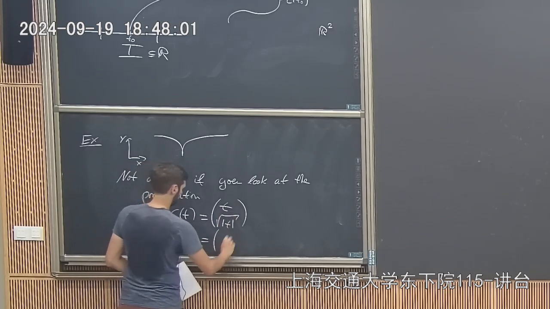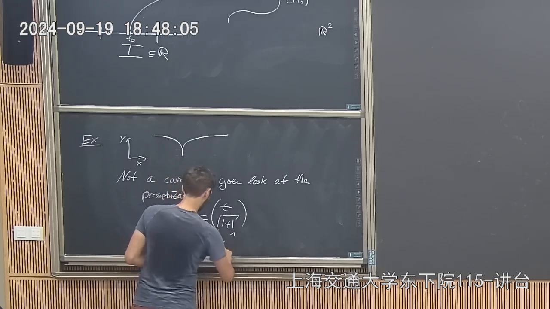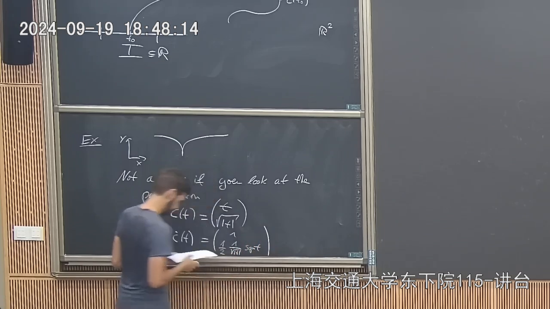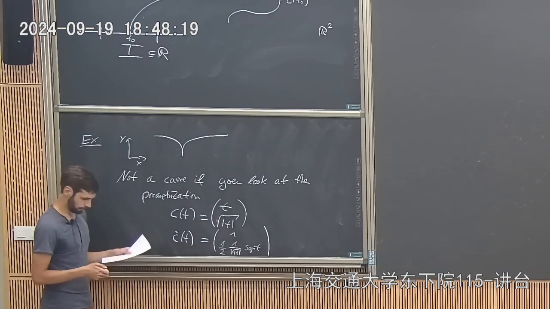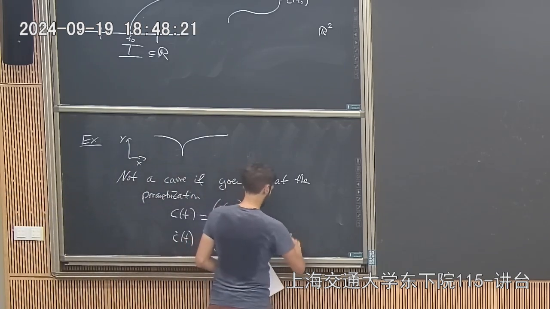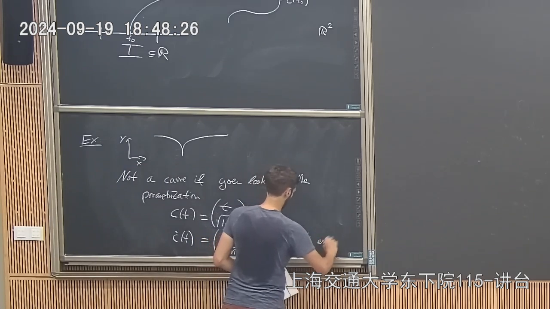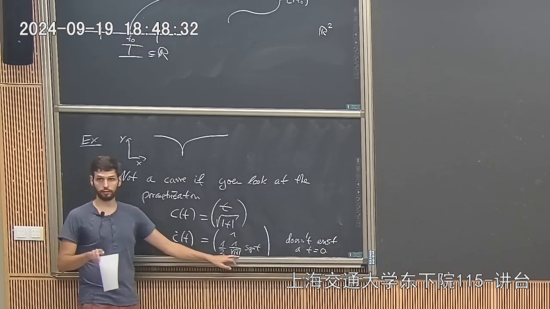This one is just 1 here, but here you get 1 over square root of t, and then the sign of t. So that would be the velocity, but this one doesn't exist at t equals 0. So if you plug in t equals 0, then the derivative doesn't make sense.